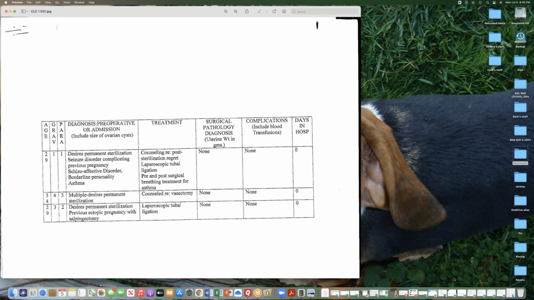They could say, well, I see patient number 1 on there, desired permanent sterilization, but let's say instead of desiring permanent sterilization, she came in with urinary stress incontinence. How would you work a patient up for stress incontinence? It's like, holy cow, that's nothing like what I've got on here. The only thing that would be in common is she's 29 and a G1P1.